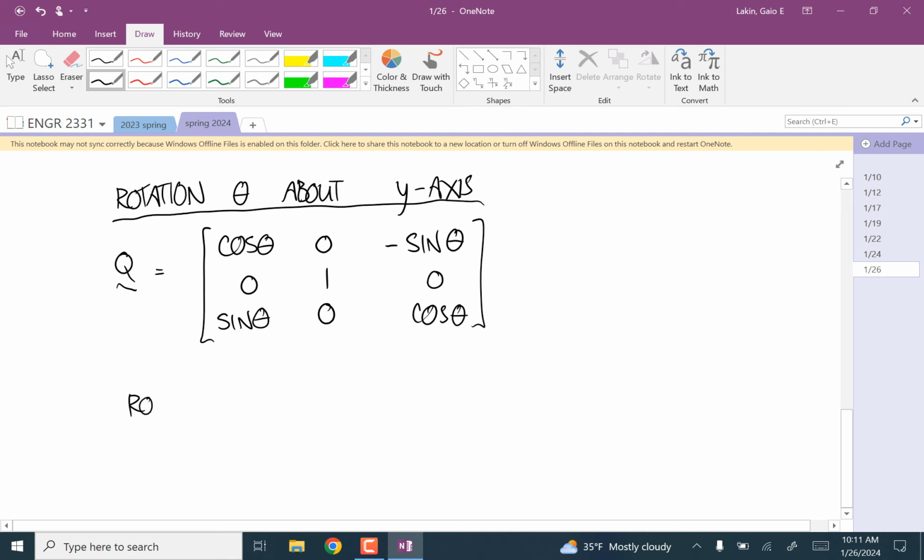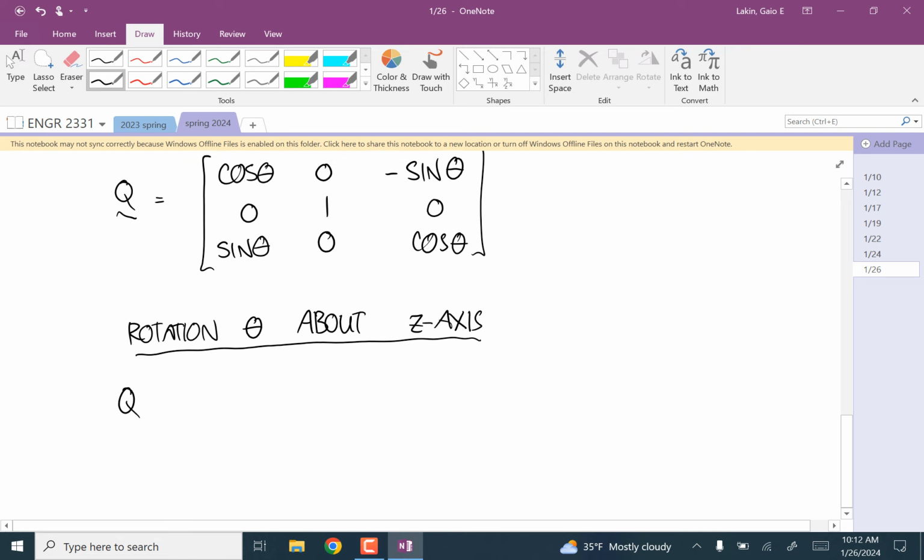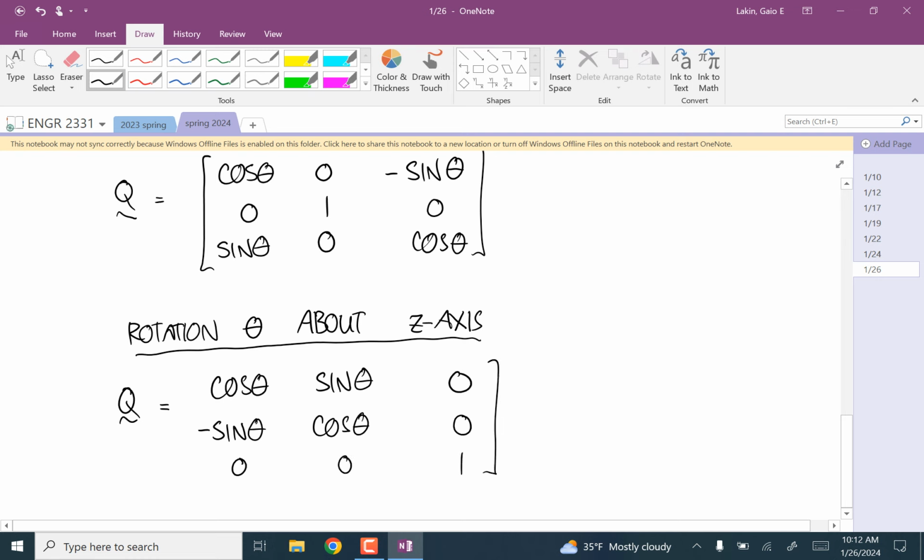And then a rotation of theta about the z-axis. This rotation matrix Q is equal to cosine theta, sine theta, 0, negative sine theta, cosine theta, 0, 0, 0, 1.